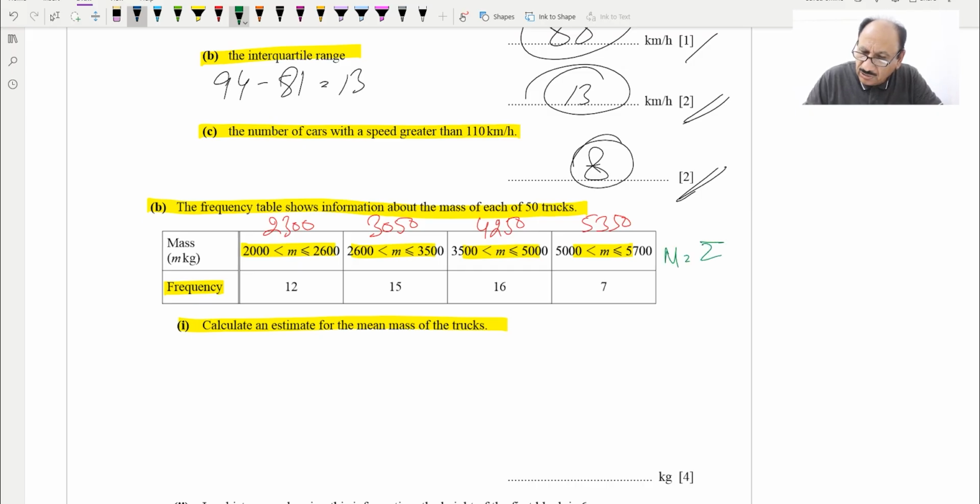Mean is equal to sigma fx over sigma f. Sigma f, this over will be only for this portion.